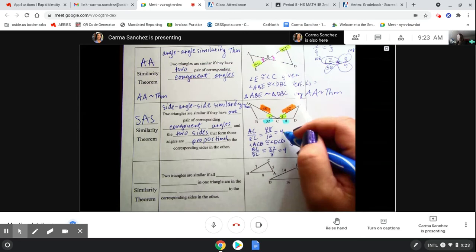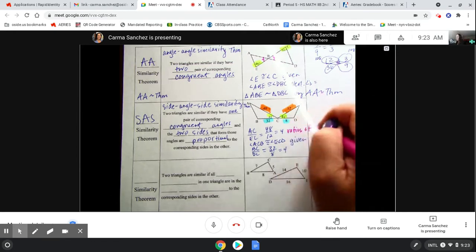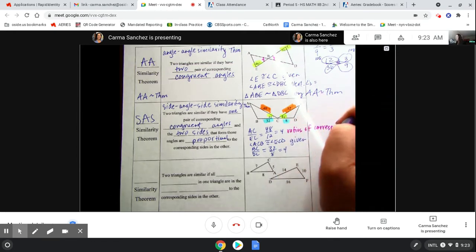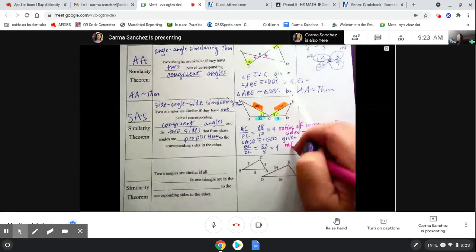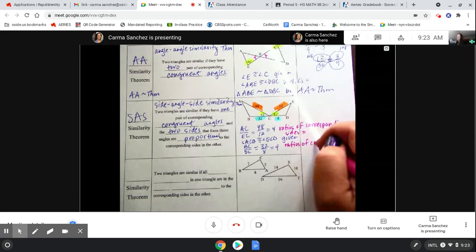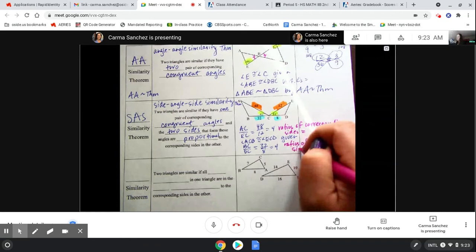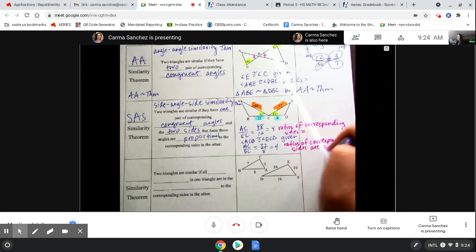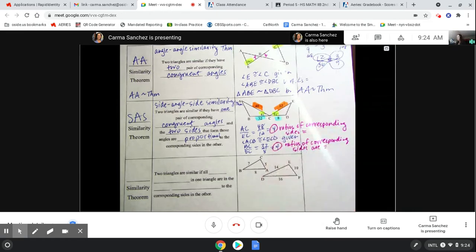What's the reason for these two? We're going to say ratios of corresponding sides are equal. So since they both came out to 4, we do have enough for similarity.